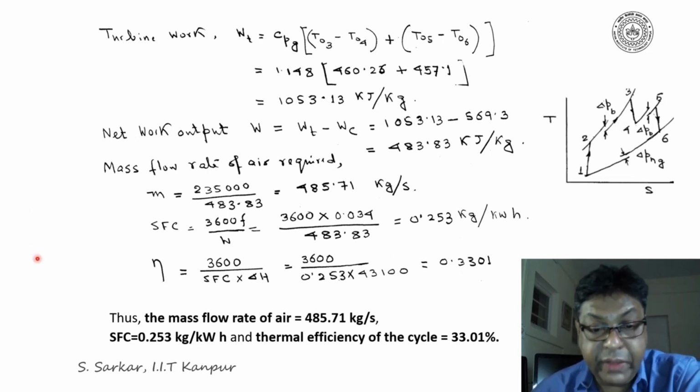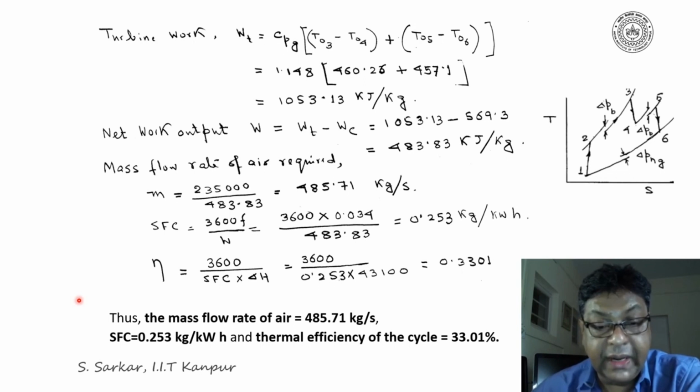Now efficiency can be evaluated from specific fuel consumption, which is equal to 3600 divided by SFC into del H. Del H is equal to calorific value of fuel, that is 3600 divided by 0.253 into 43100. If you evaluate this, it will be 0.3301.